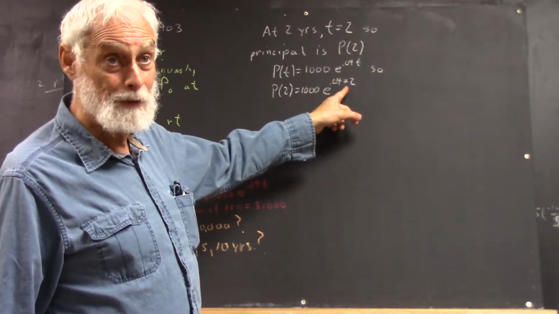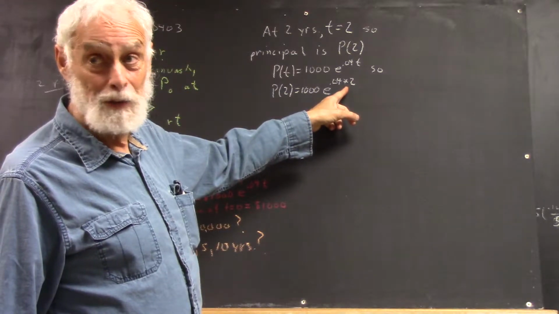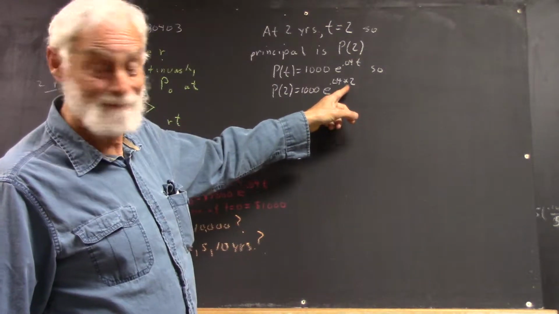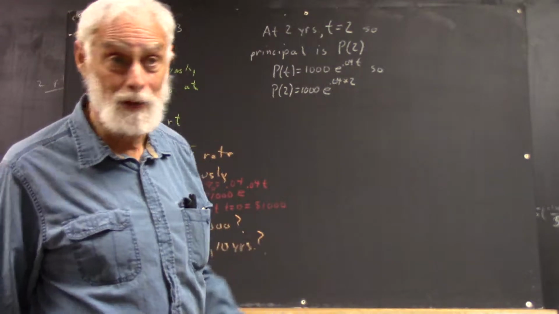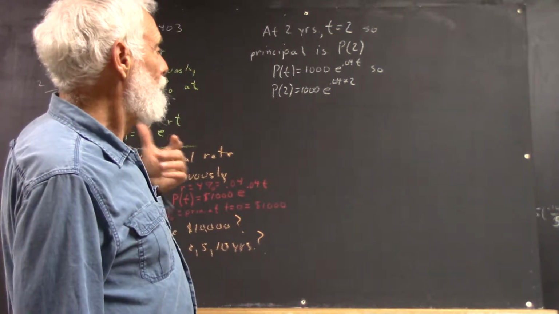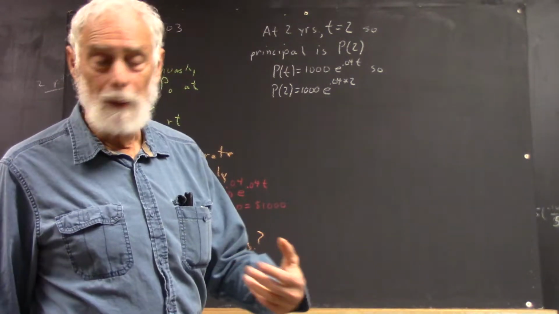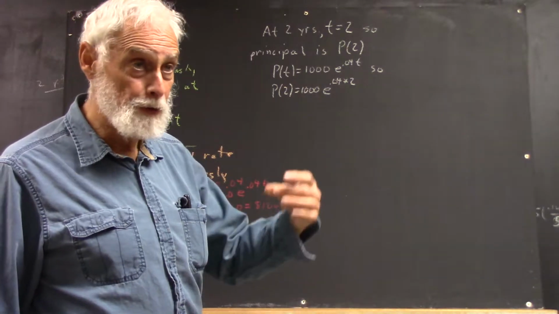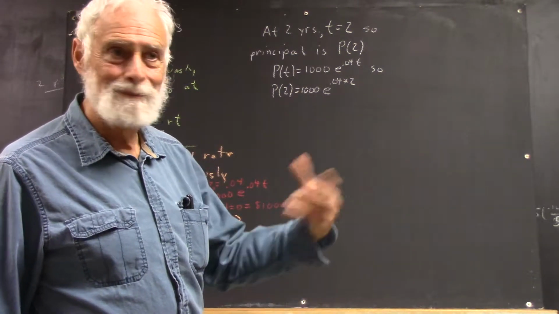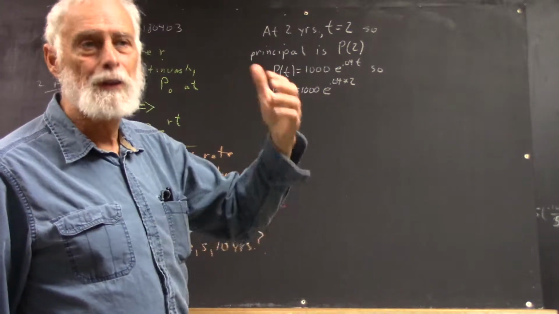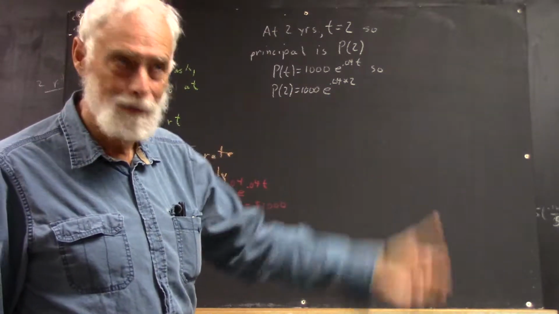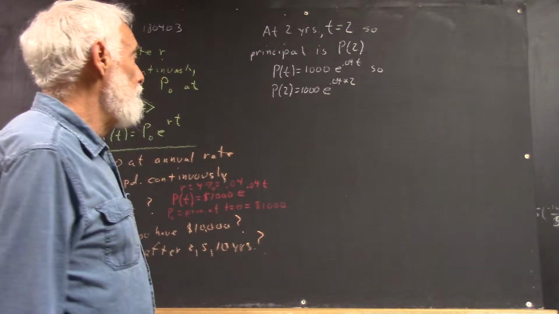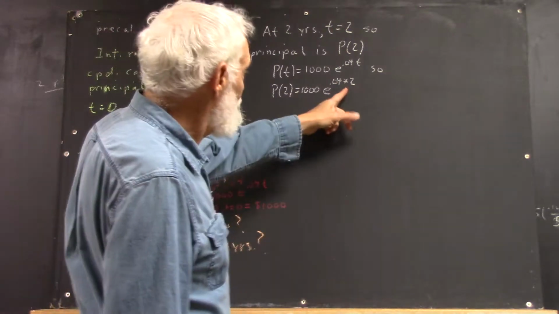Now, you understand what I just said? Because it's a little subtle. I mean, it's not totally obvious. Okay? The first operation that we can do among parentheses, exponent, multiplication, division, addition, subtraction, is this multiplication.